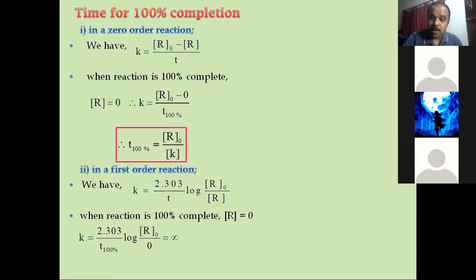It goes for infinity. So now the question is, how do we complete a first order reaction? Just now we have seen in our discussion that if I want to carry out a reaction and find out the order of the reaction experimentally, we carry out at different time intervals, we find out R and everything and fit into the equation.